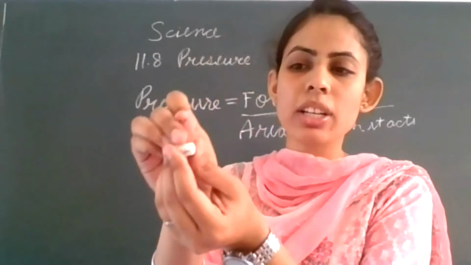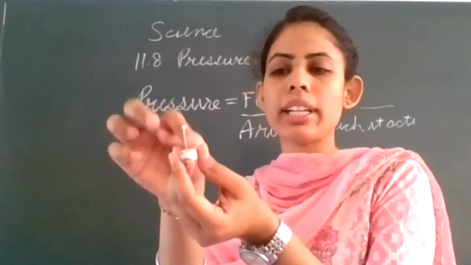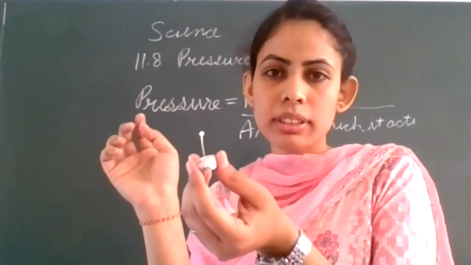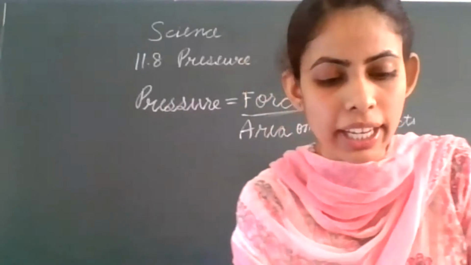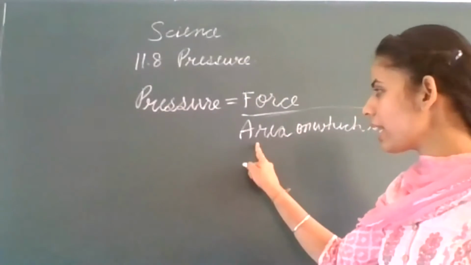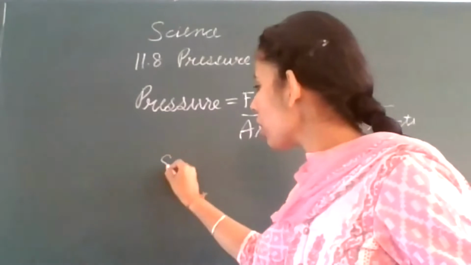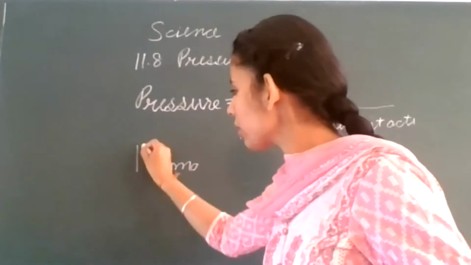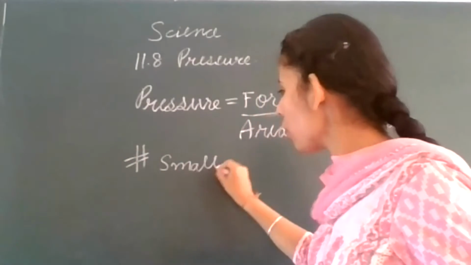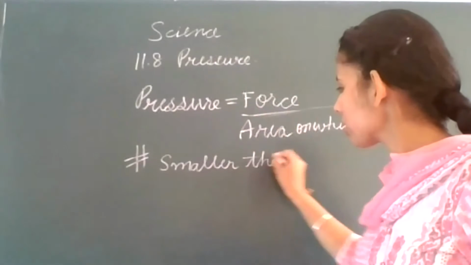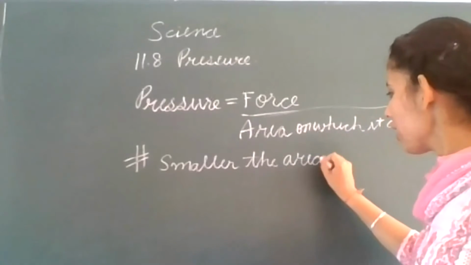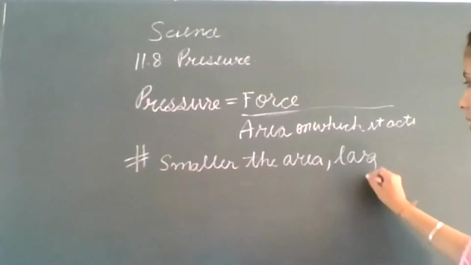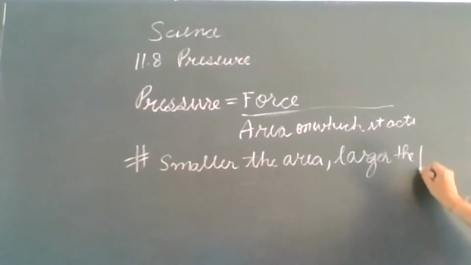Therefore it is going inside the rubber. You have to keep this in mind: smaller the area, larger the pressure.